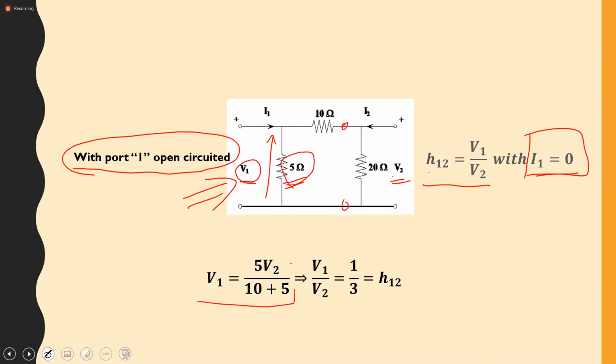So we get this expression: V1 is equal to 5V2 over 10 plus 5. We rearrange this expression for V1 over V2, and that is equal to a third, which, as shown up here, is equal to H12.